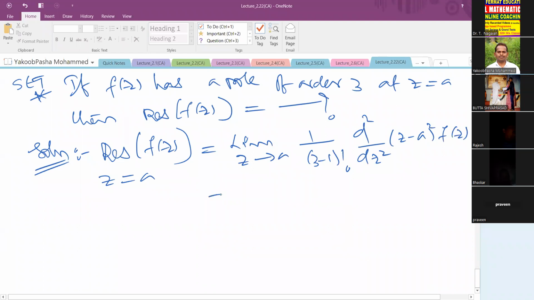So this is equal to 1 by 2 factorial, which is 2, limit z tends to a, 1 by 2 d square by dz square of z minus a whole square into f of z. This is the actual original formula.